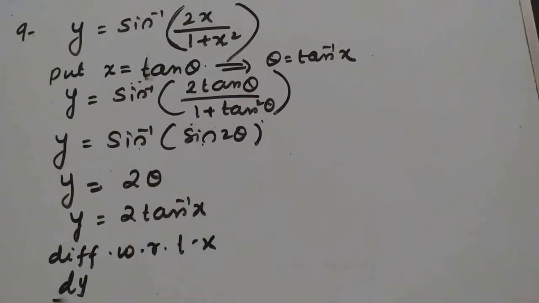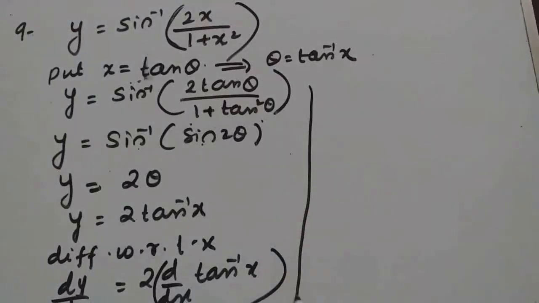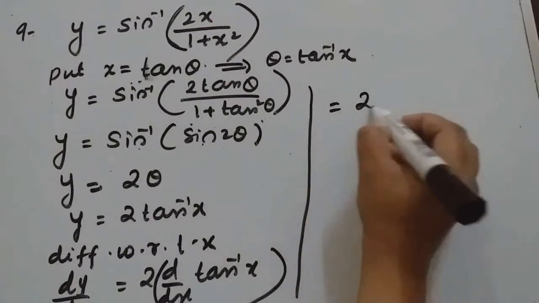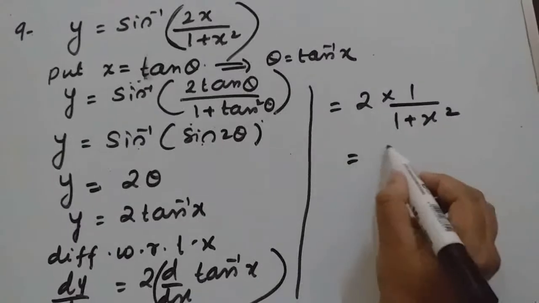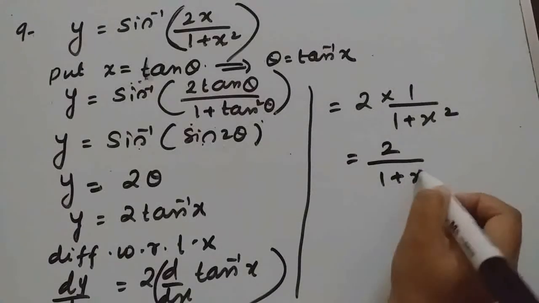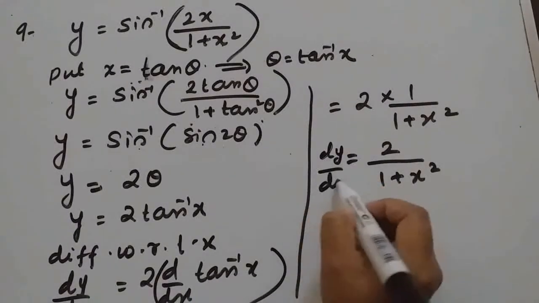So dy by dx will be 2 times d by dx of tan inverse x. And we should recall the derivative of tan inverse x is 1 by 1 plus x square. So the answer is 2 by 1 plus x square, dy by dx.